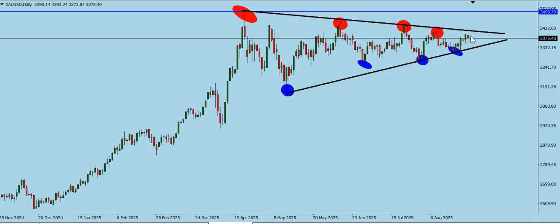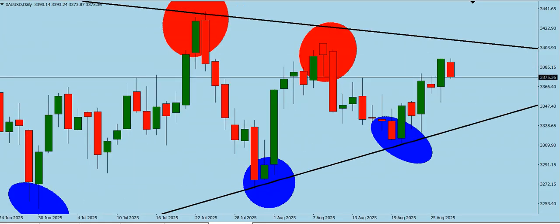The upside is more favored, but for today's candle, price has gotten to the halfway point of yesterday's candle.